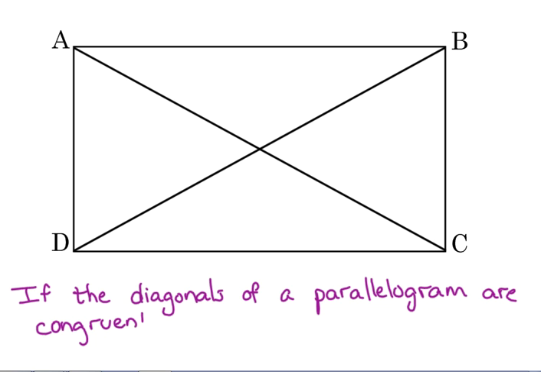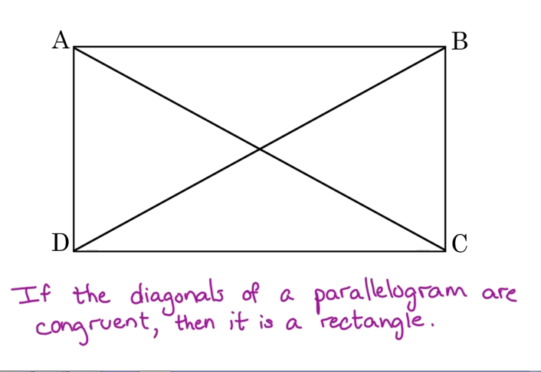They bisected each other, but they weren't congruent. AC and BD have the same length. That was not true on the parallelogram at the top of your paper there. But it is true when we make it a rectangle. Those diagonals have the same length.